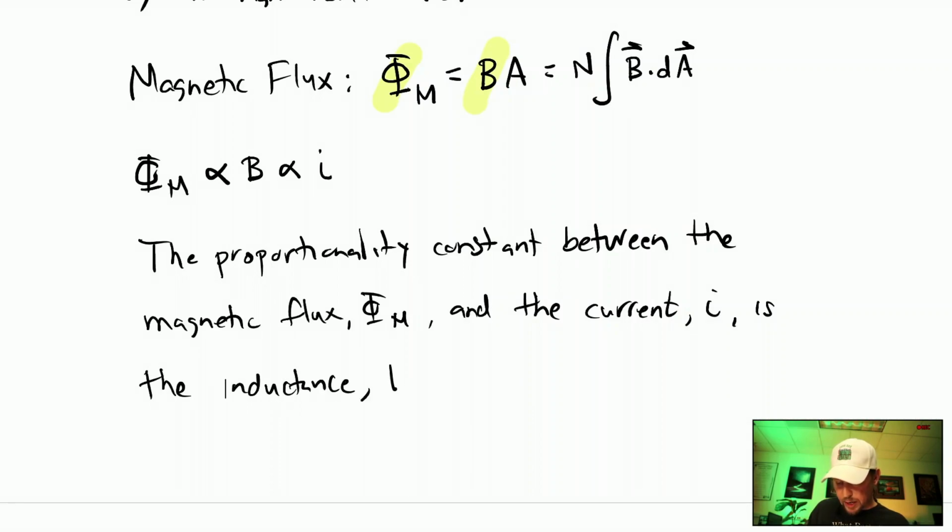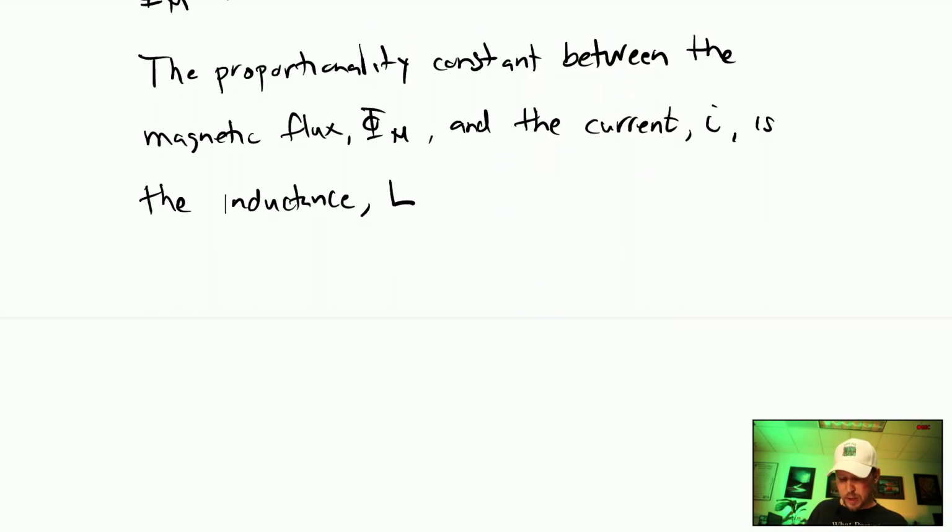And we use the letter L for the inductance. So in equation form, magnetic flux is equal to the inductance times the current, like this.